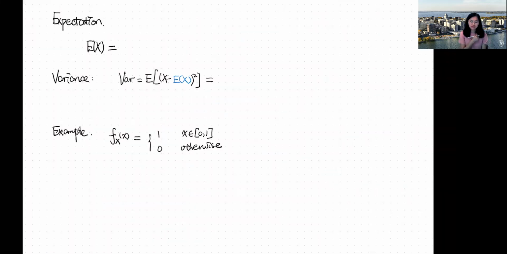For discrete random variables, we defined the expectation of the random variable as the weighted average of the possible values, where the weight is given by the probability mass function.